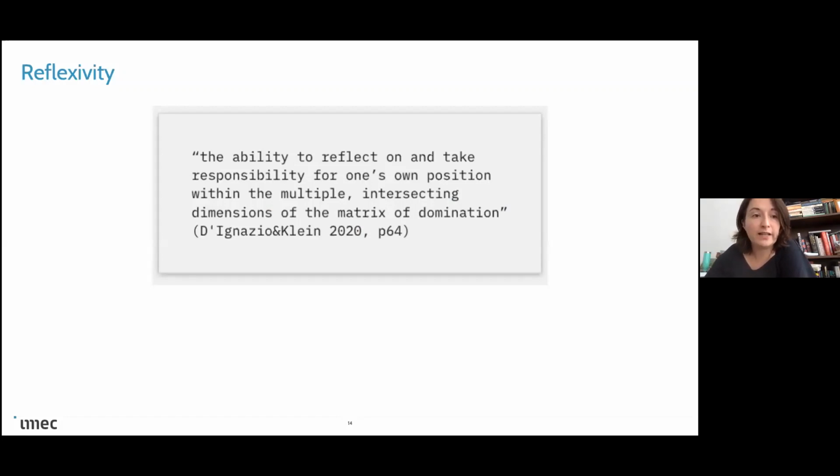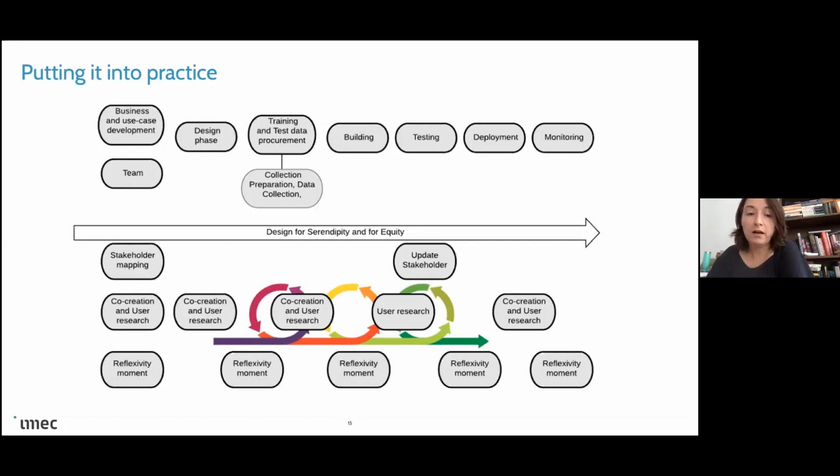So how do we actually apply this? How do we put this in practice? We used as basis Bin's and Gallo's idealized IE development process, and our viewpoint is that in order to design for serendipity and for equity, it's necessary to start at the beginning by involving stakeholders, by using a living lab approach.